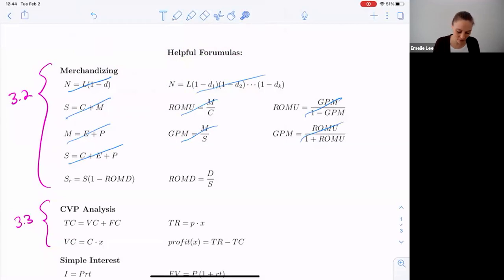The only 2 that we have to talk about today involve the ROMDA, the rate of the markdown, which introduces this D. S is the same, that's the selling price. D is the amount of the discount, whereas the ROMDA is the rate of the discount. So I'm just going to grab these in here, and of course, we'll start by doing some examples.